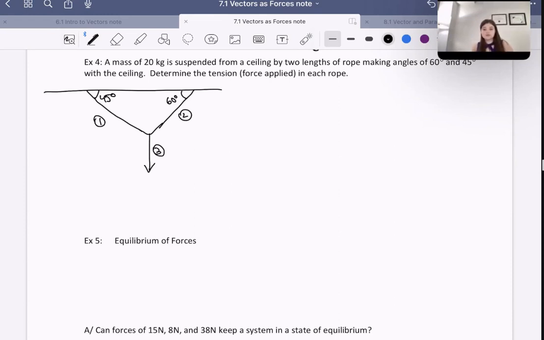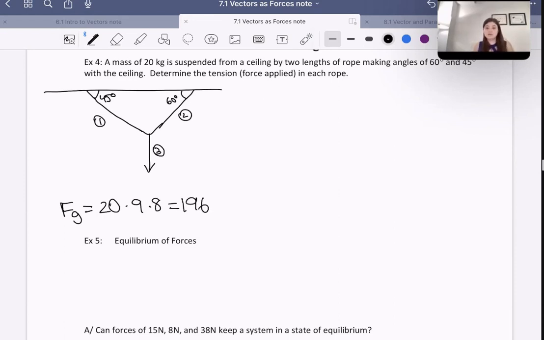So first of all, let's figure out what is the tension in rope 1. Well, in order to do that, first we've got to find the FG value, because right now we don't have any values. It's just going to be 20 times 9.8, right? Mass times acceleration, which is 196.